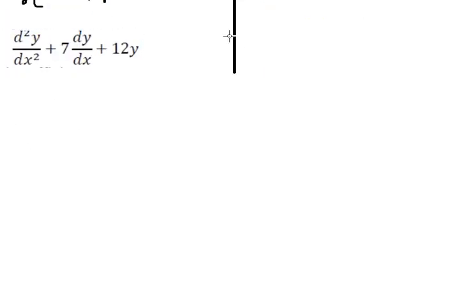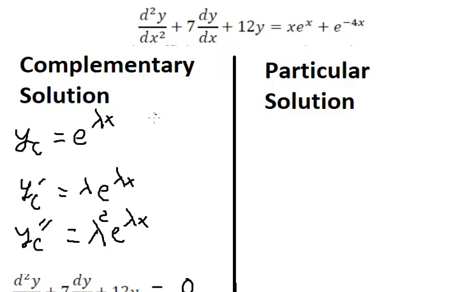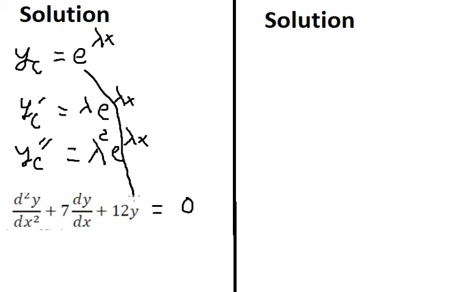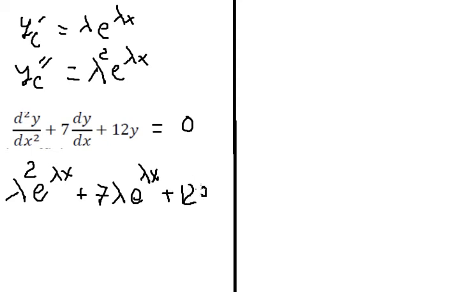Because this is about the complementary solution, this should be equal to 0. Now we substitute, so we have lambda square e to the power of lambda s plus 7 lambda e to the power of lambda s plus 12 e to the power of lambda s.